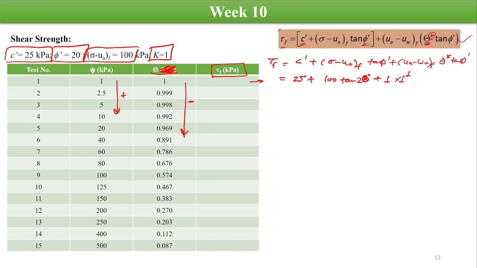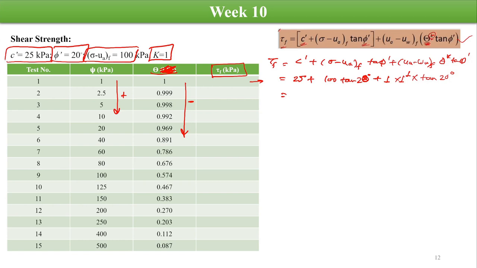So here the value of k is provided as 1, into tan of phi dash. The value of phi dash is 20 degrees. So we solve it here and we'll obtain the value of tau f.